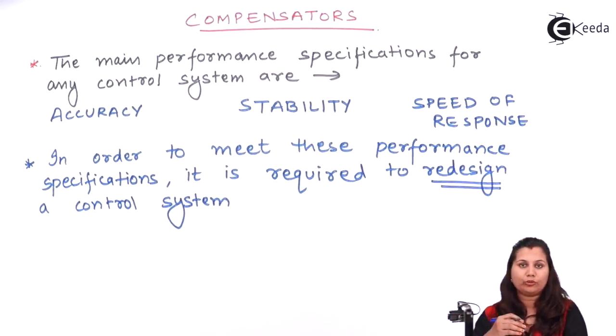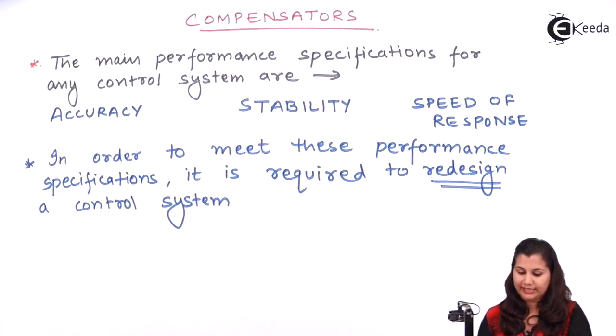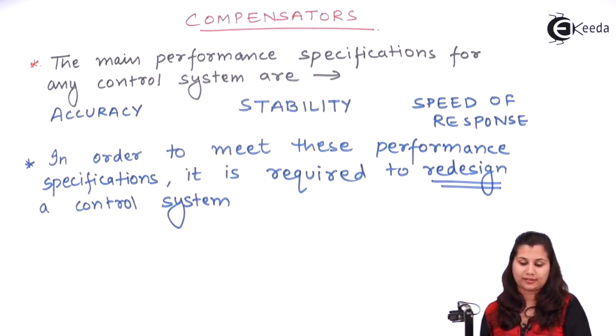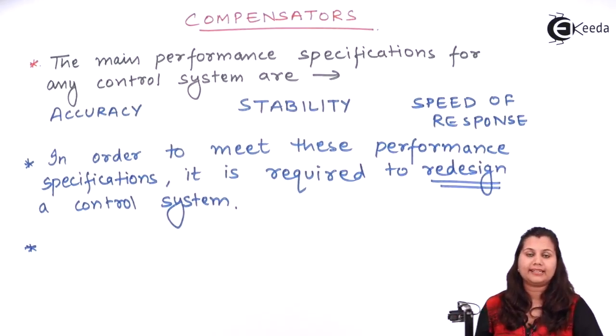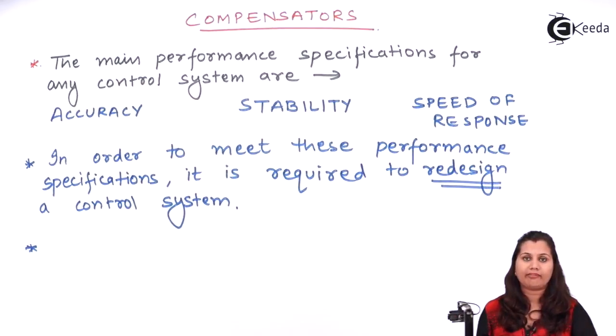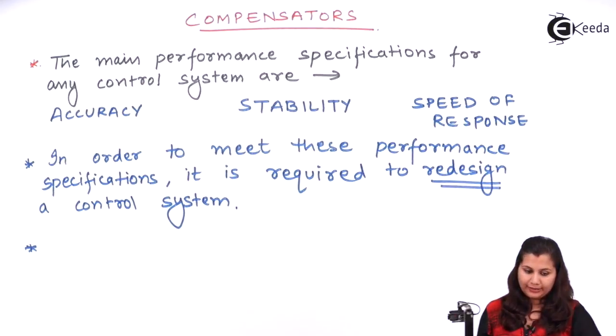Redesign means that we either add or eliminate some component of the system, or make such adjustments so that the overall system has these performance specifications. One way of redesigning is adding an external device to the system, and this technique of redesigning the system so that it meets these performance specifications is known as compensation.